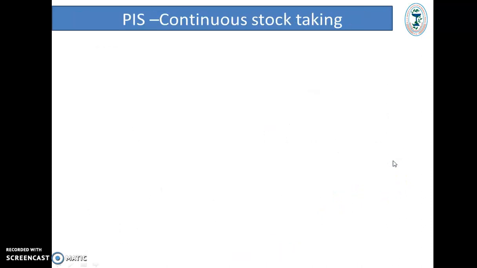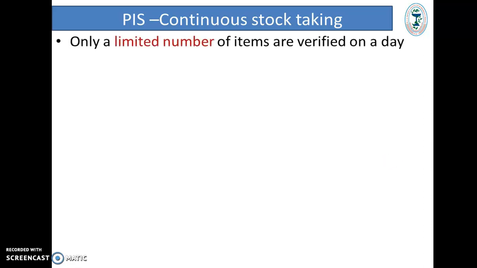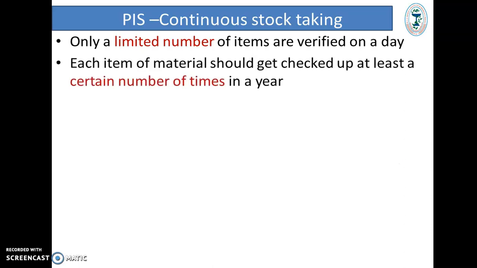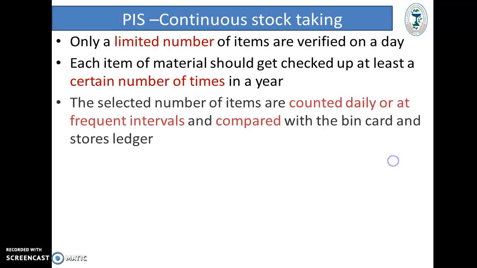Third method of the perpetual inventory system is continuous stock taking. Under this system, only a limited number of items are verified on a day. The selection of the items of material should be such that each item of material gets checked at least a certain number of times in a year.